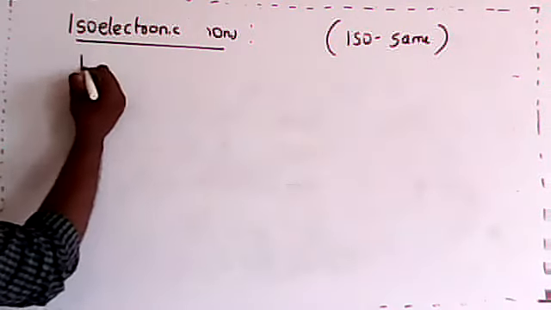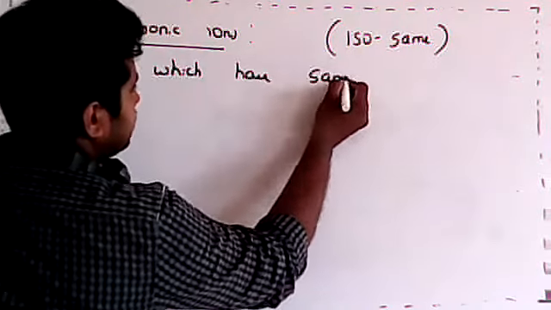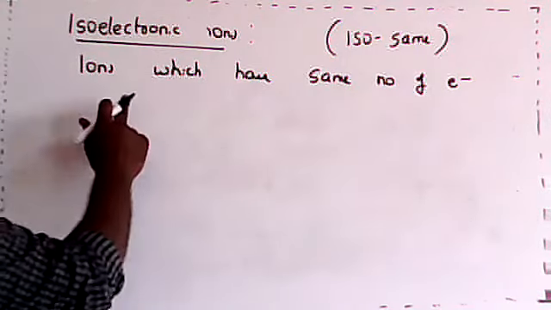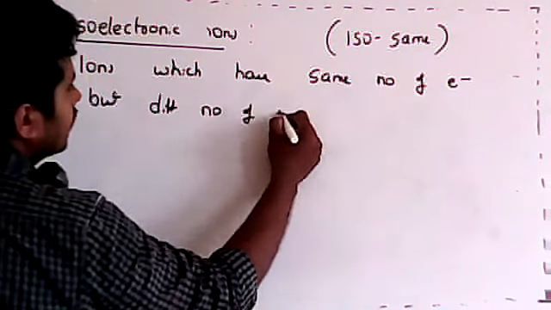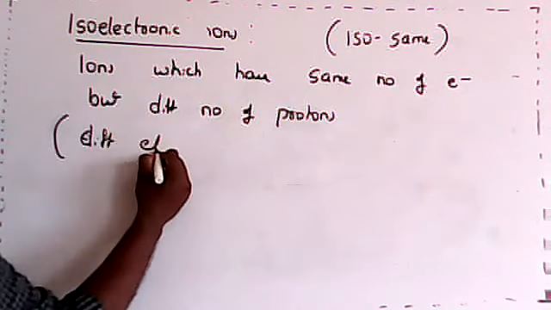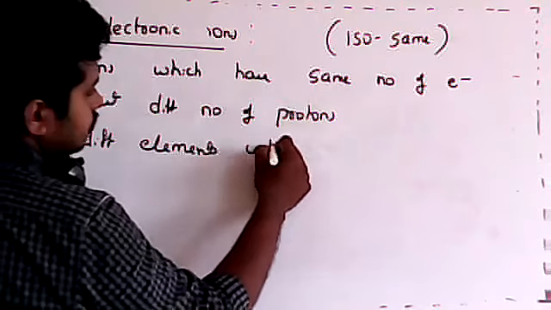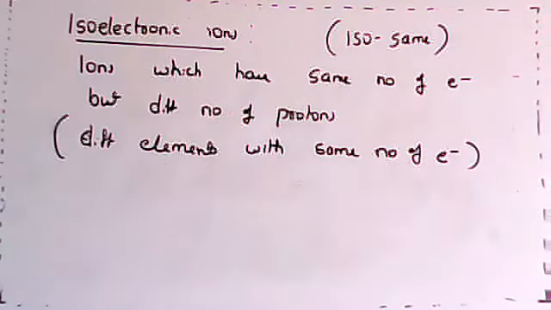Isoelectronic species means ions which have the same number of electrons but different numbers of protons, or in a simple way, different elements with the same number of electrons. Got it? So let's understand this now.